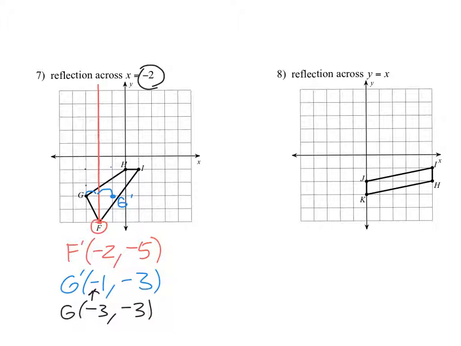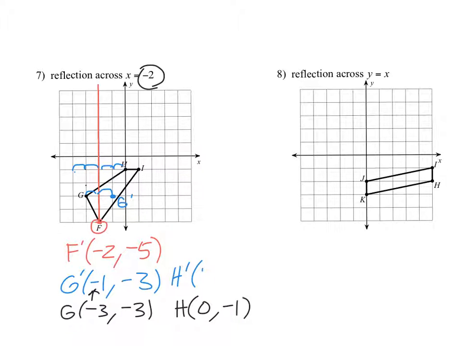H. So where was the original H? The original H was at 0, -1. This is 1, 2, so I go 1, 2. So H apostrophe is what? It's at 1, 2, 3, 4.